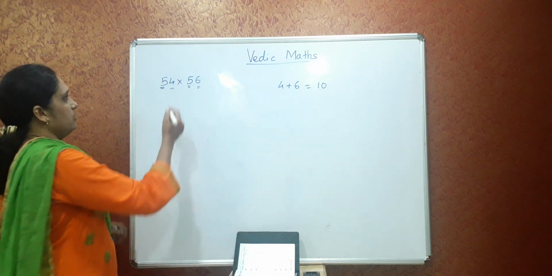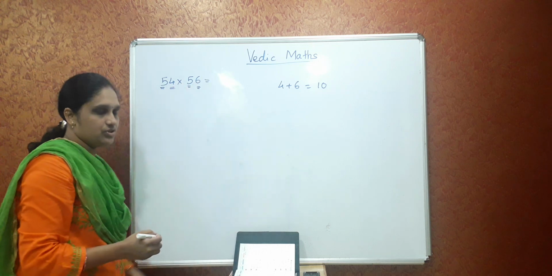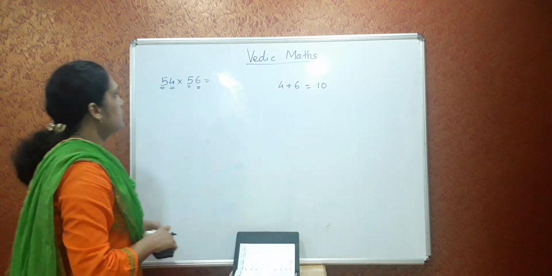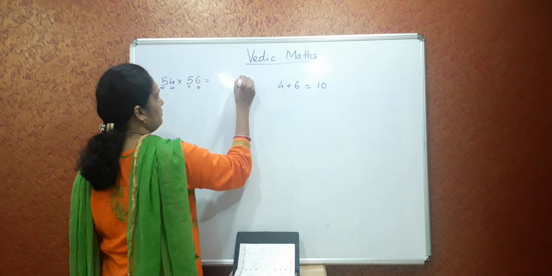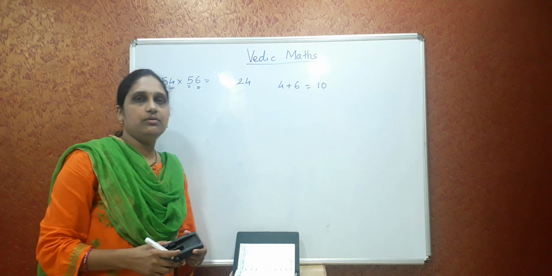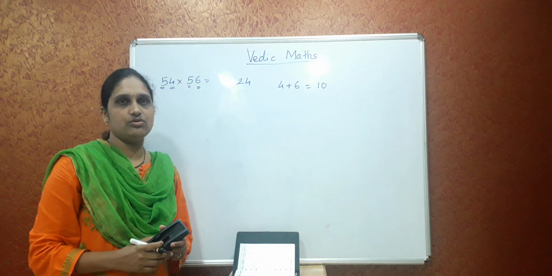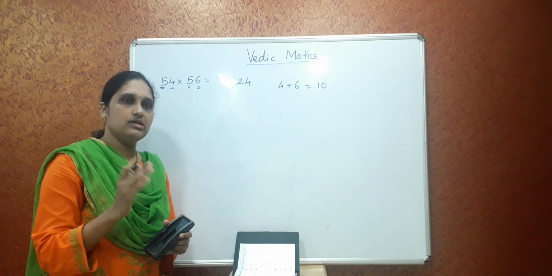So here, in this 4 and 6, what is the multiplication? First you have to do the units place multiplication. 4 sixes are 24. Now find the number which comes immediately after 5. After 5 what number comes? 6.